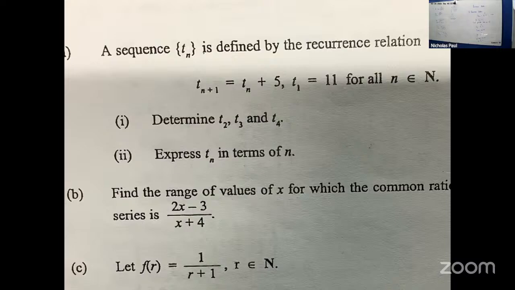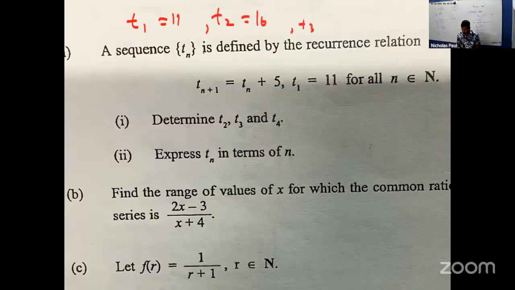All right, time up, let's see what you came up with. So we can easily see that T1 is equal to 11. T2 is T1 plus 5, so I got 16.